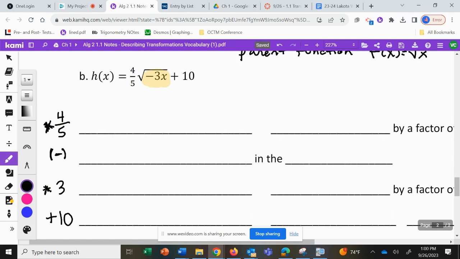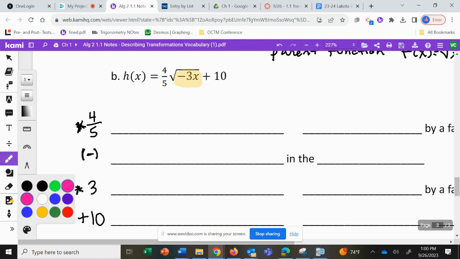All right, if we are multiplying, that's a stretch or shrink. This multiplication is on the outside, so it's vertical. I guess I could have done this while we were writing them out. The negative sign is on the inside, so it's horizontal. The 3 inside, horizontal. The 10 outside, vertical. 4/5.